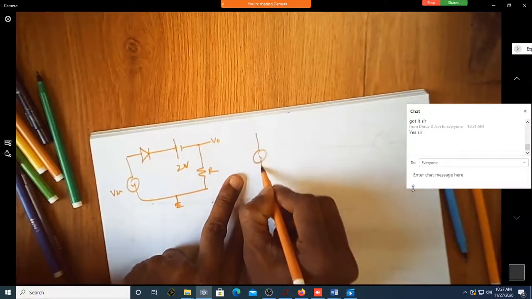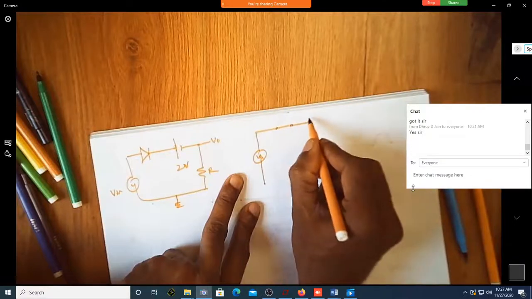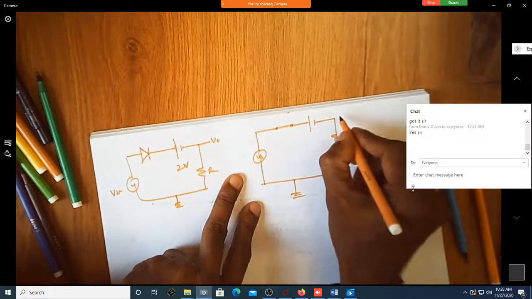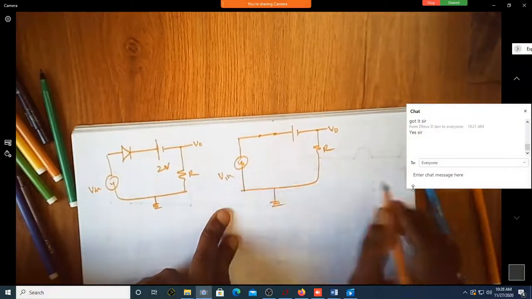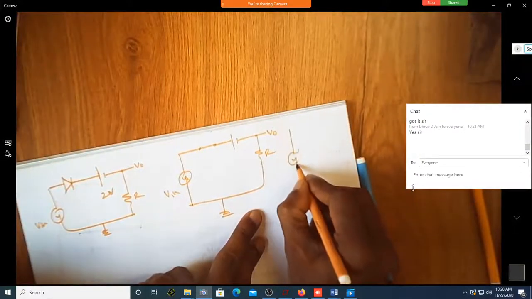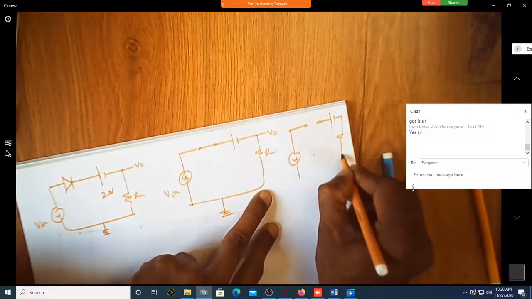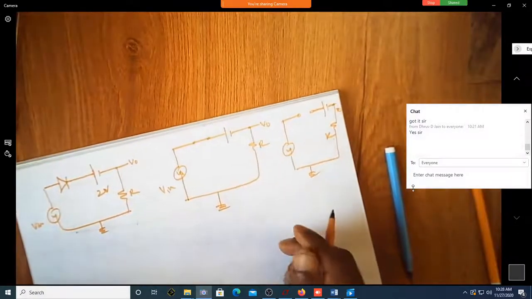First and foremost thing, with short circuit, how it looks. Correct?